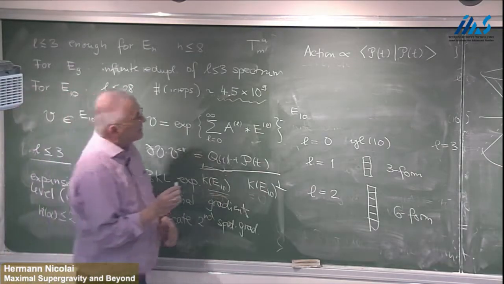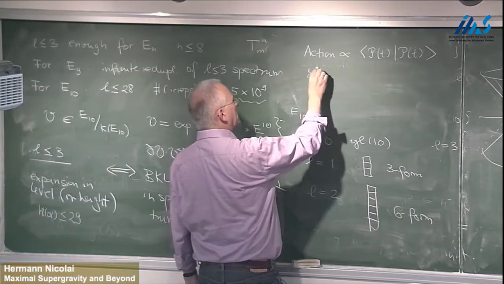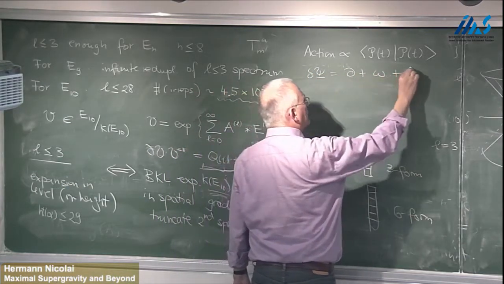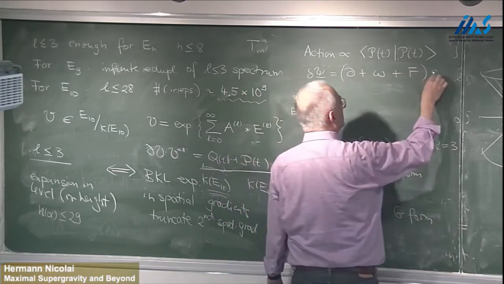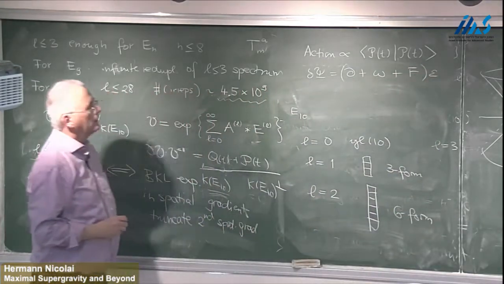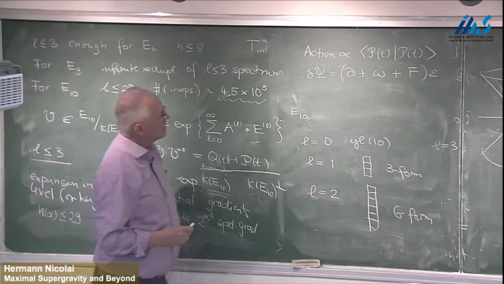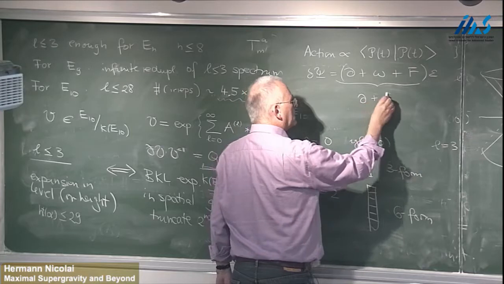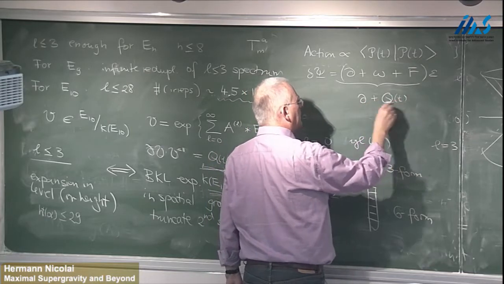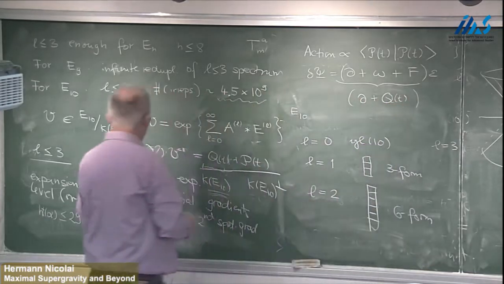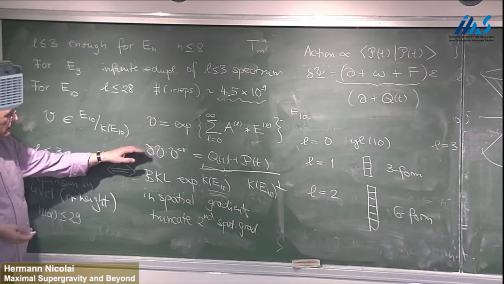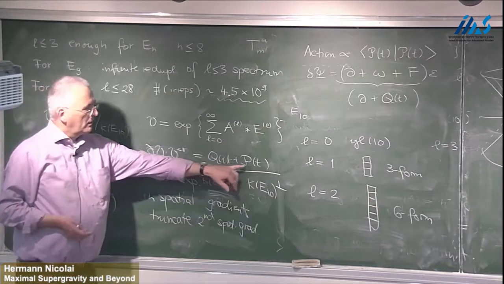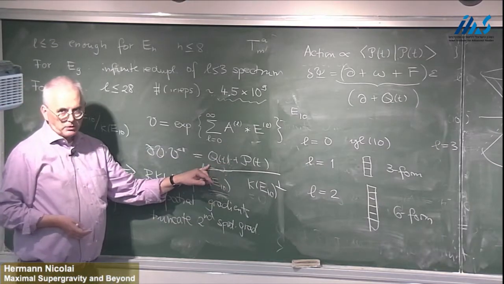And do you remember in my first lecture when I stated that delta psi is somehow D plus omega plus F on epsilon? We now, with this technology, can convert this to D plus Q of t, using, first of all, the expansion here, and secondly, using the dictionary that relates these quantities to the supergravity quantities.